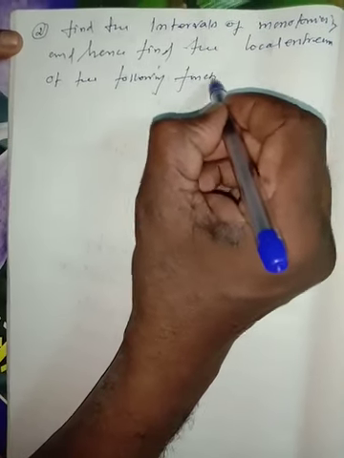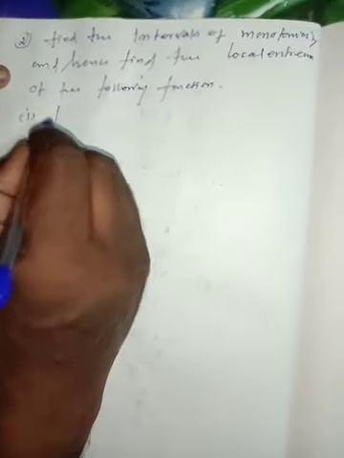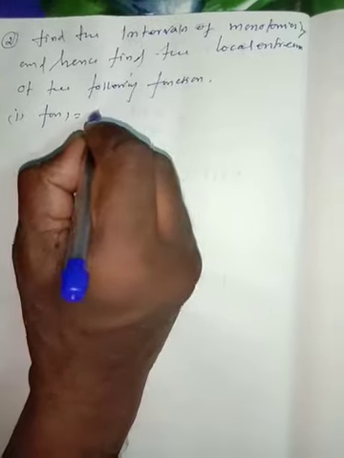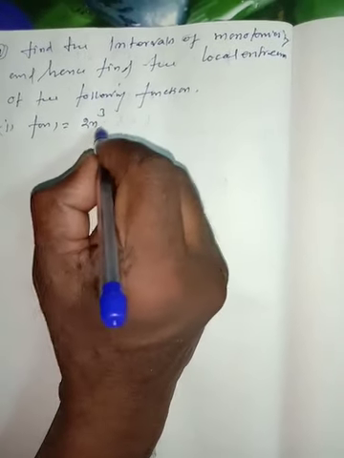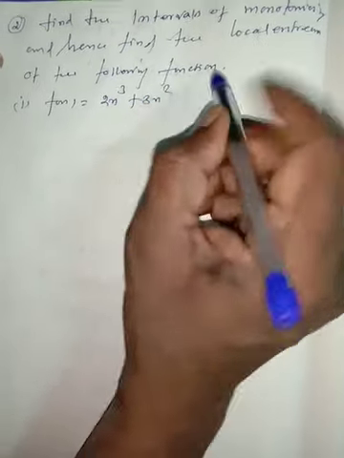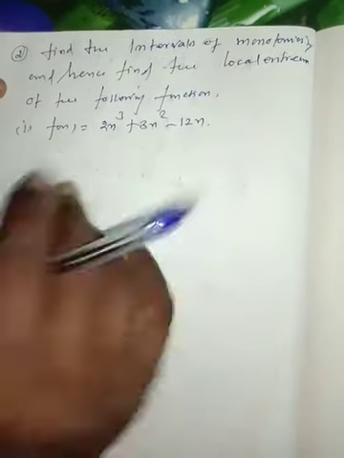Number 1, f of x is equal to 2x power 3 plus 3x square minus 12x.